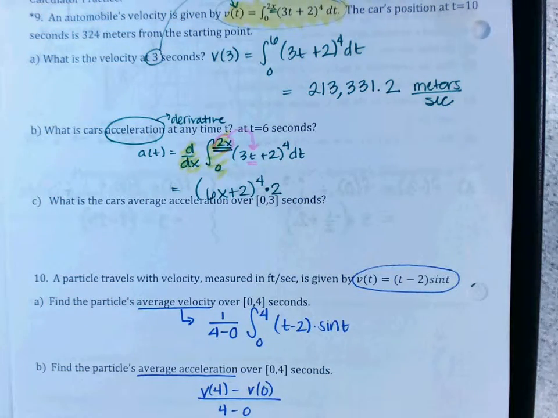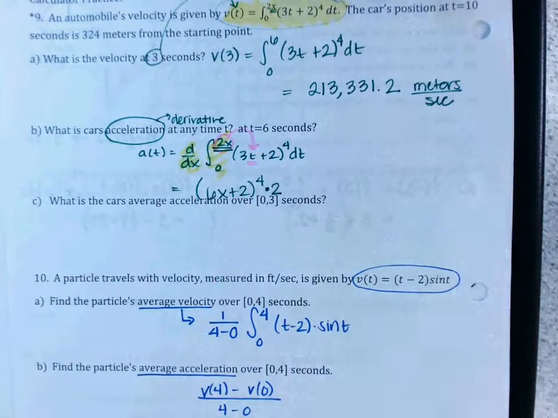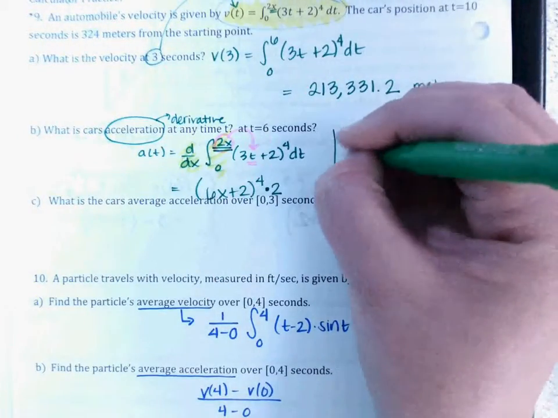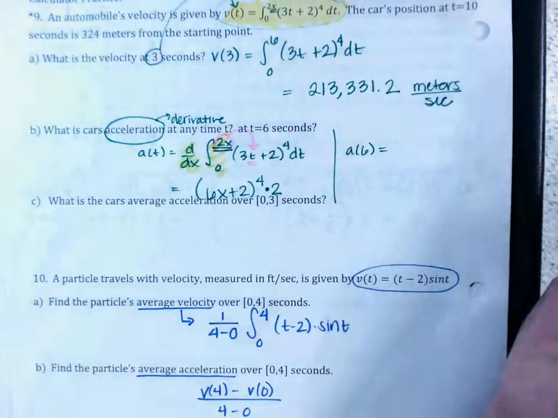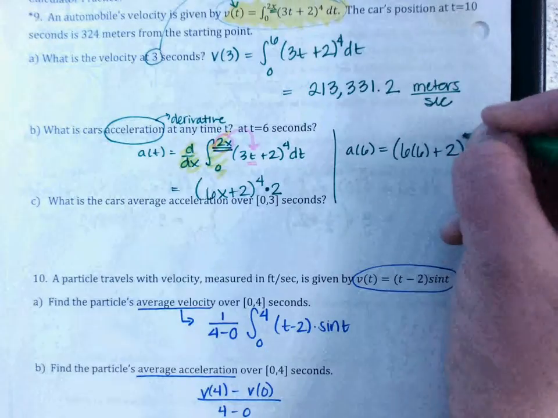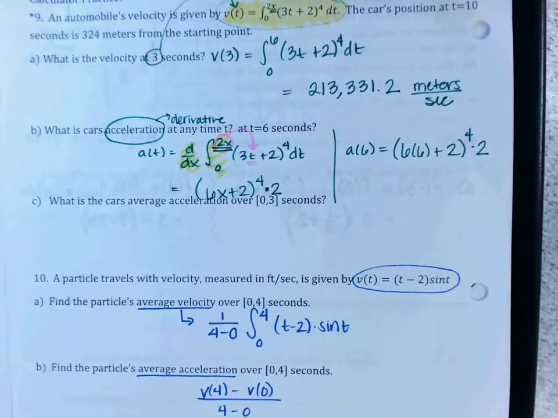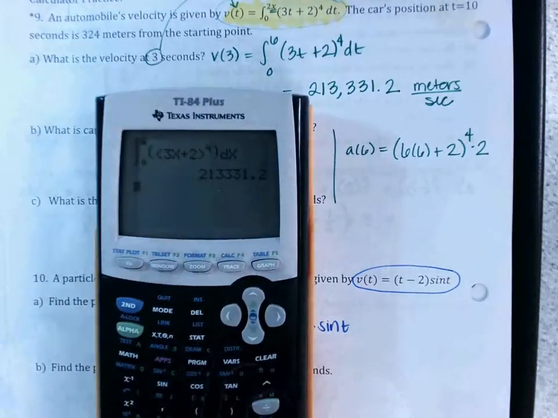Okay? Now notice that's the acceleration at any time. We want it at 6. So then we would say, okay, well then acceleration at 6 is going to be 6 times 6 plus 2 up to the 4th times 2. And then remember, this is a calculator question, so you shouldn't be doing all this stuff by hand.